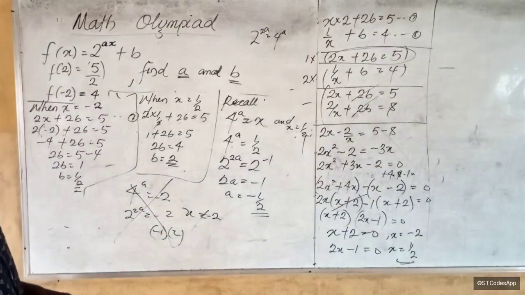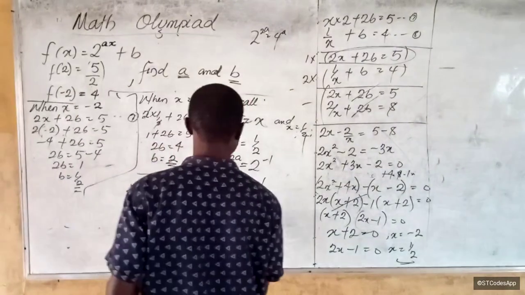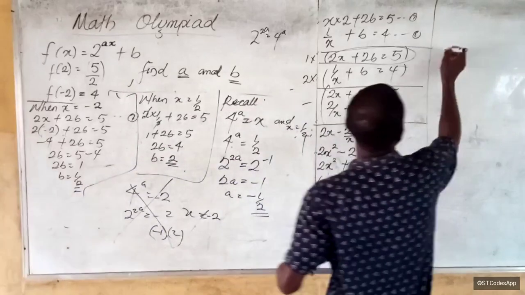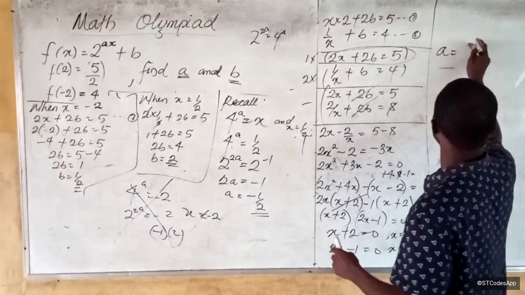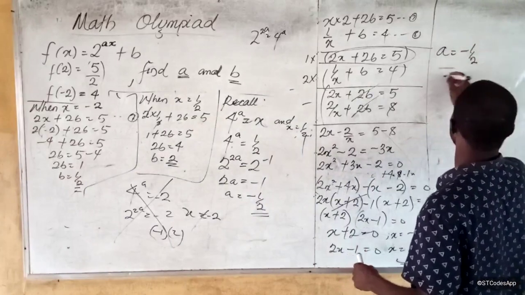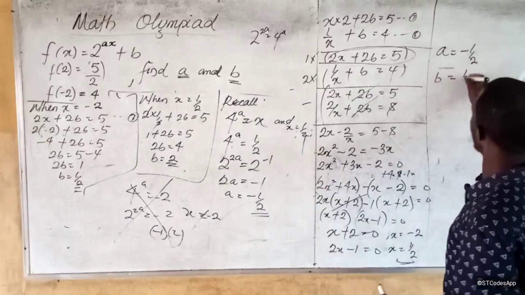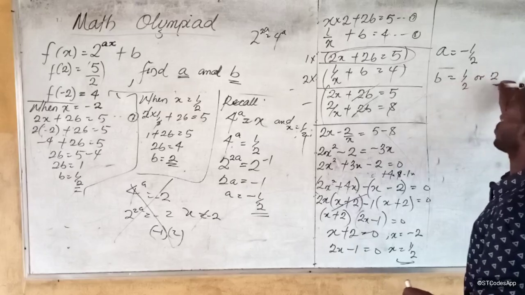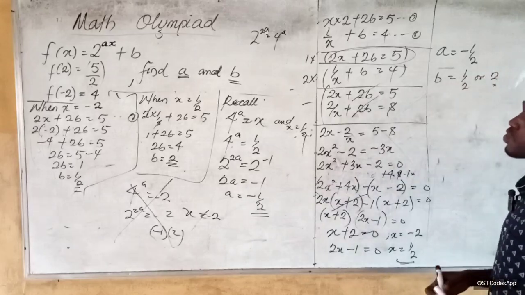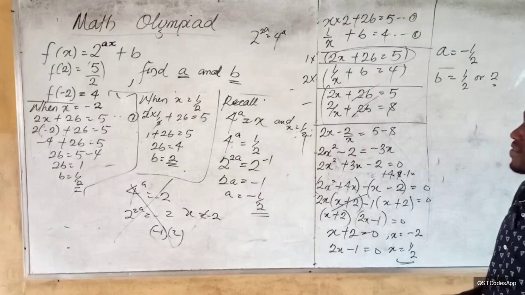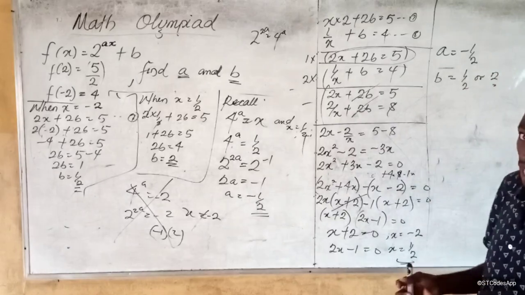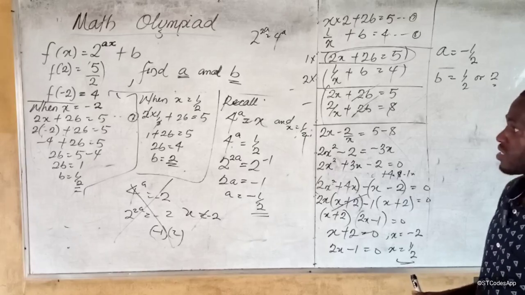So our answer: A is equal to -1/2, and B is equal to 1/2 or 2. Now you can decide to see if it works.